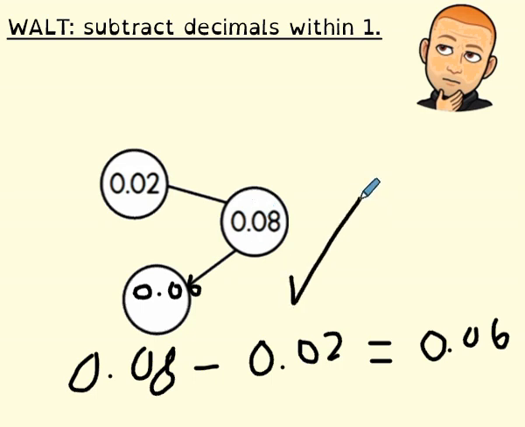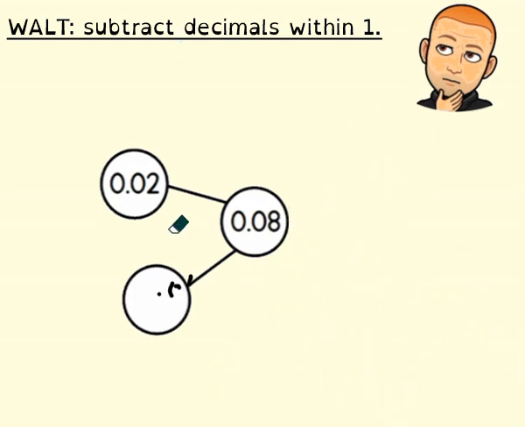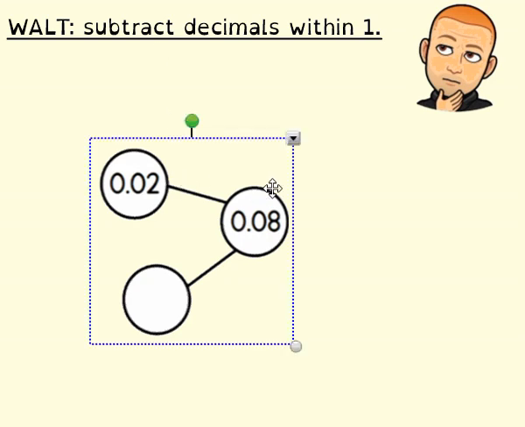We can also show subtracting decimals using a place value grid. So let's pull up a place value grid.